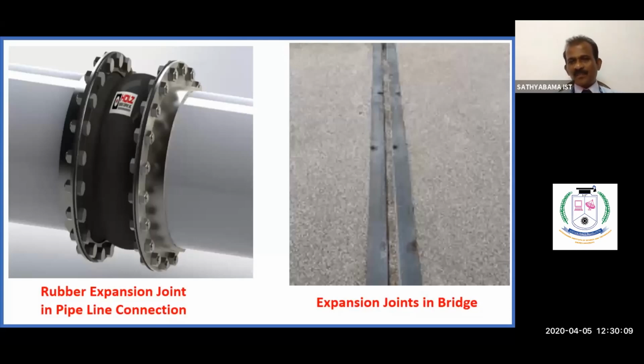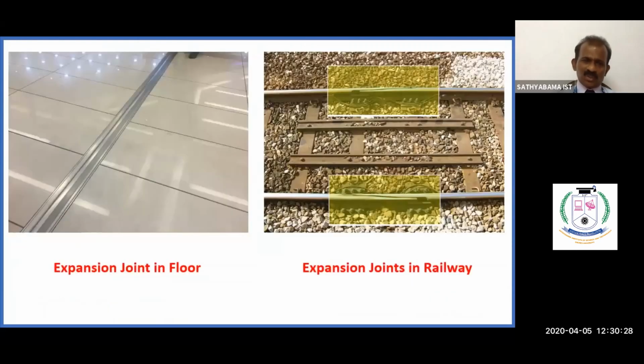Similarly, here a bridge. Normally, you can observe joints in bridges. So here, that gap should be filled by suitable materials. Rubber is also suitable, but frequently we have to change that rubber. Then floors: normal floors can also be joined with the help of an expansion joint.